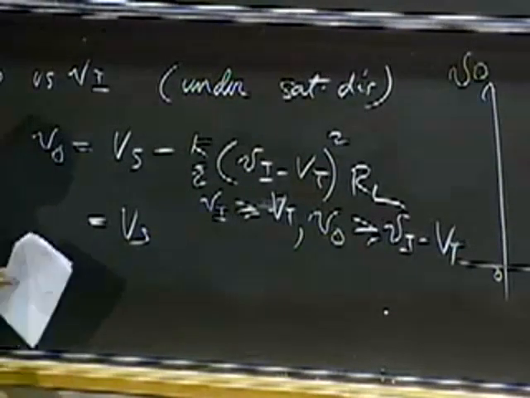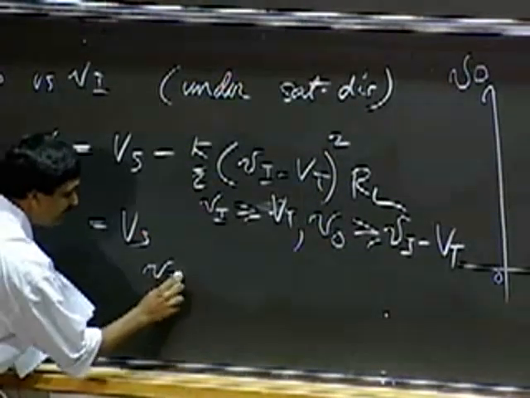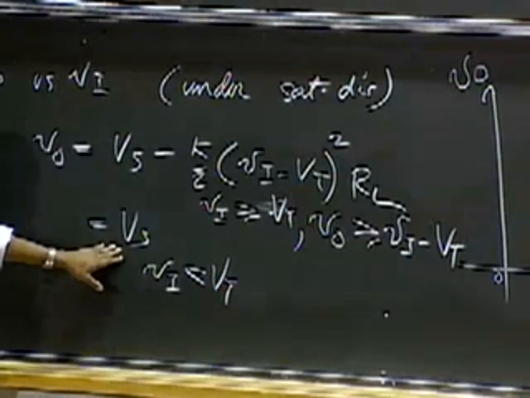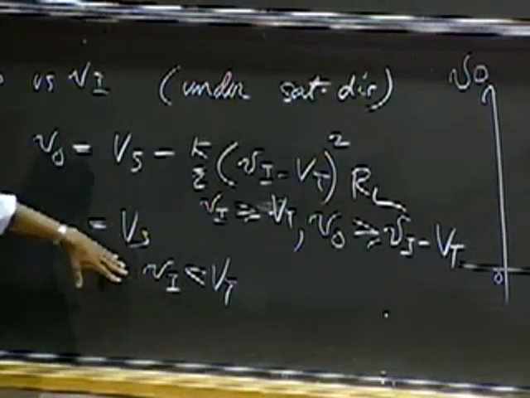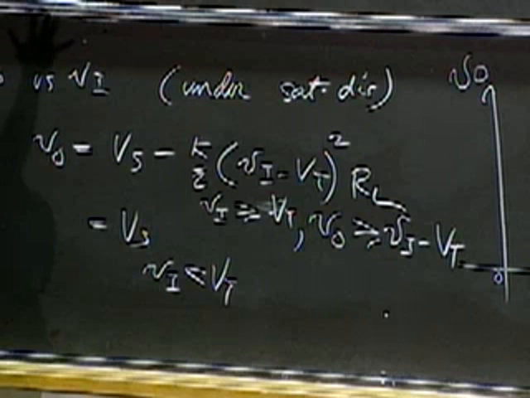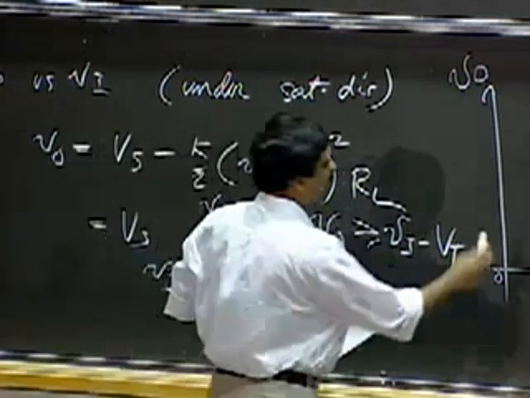And in our particular situation, when VI was less than VT, output would simply be VS. If VI is less than VT, the MOSFET would turn off, and I would have no current flowing through RL, and VS would appear at the output.